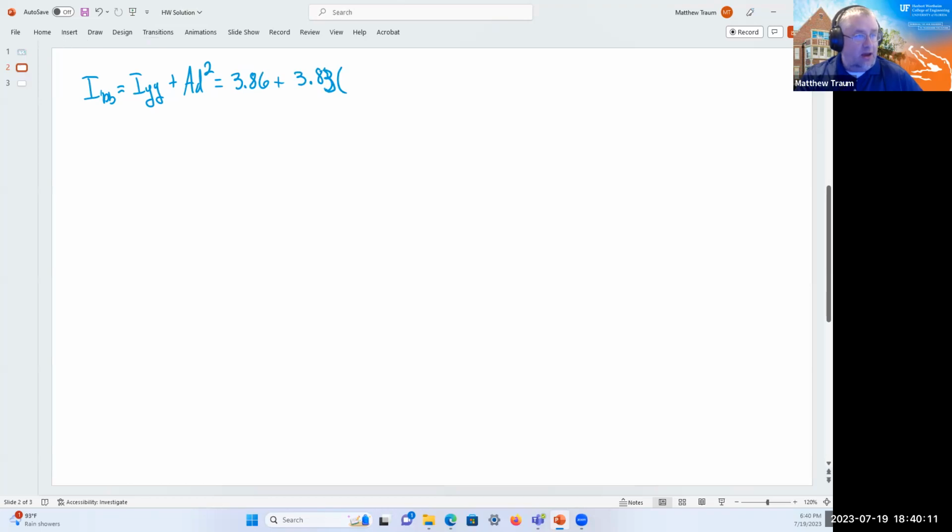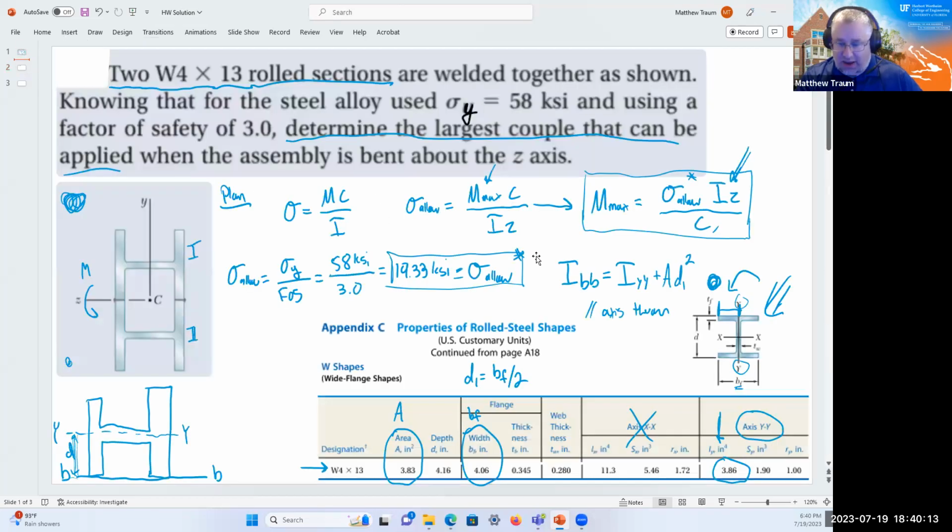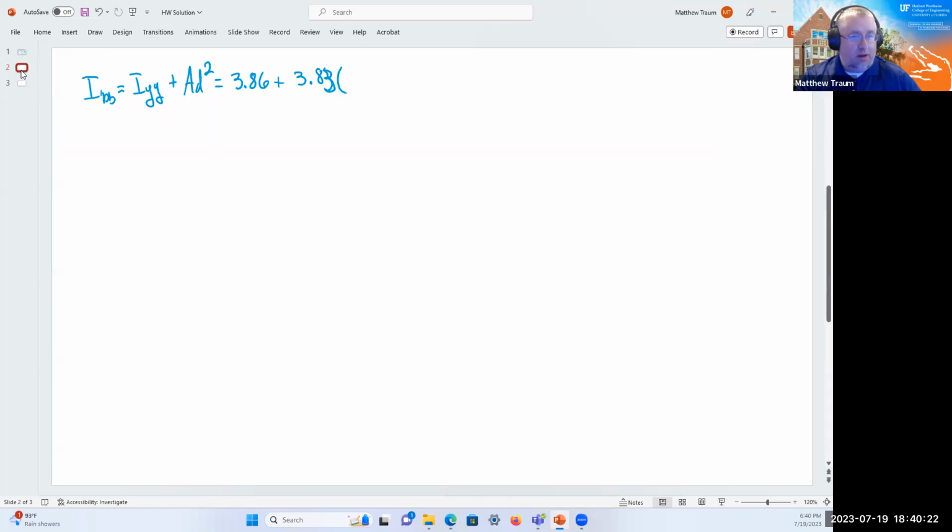Well, let's go back and remember that the D value is BF over 2. So it's 4.06 divided by 2, and that's all squared. And so if I run through and get the ultimate result for that, that's 19.643, and this is going to be inches to the 4th power.